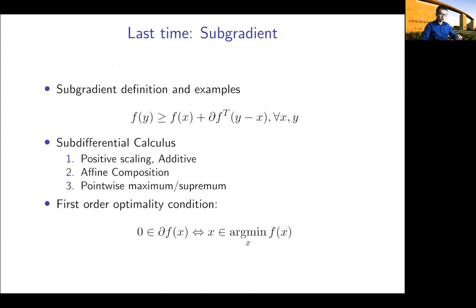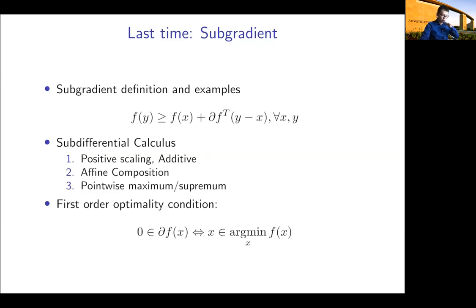We use this partial f notation to denote the set of all subgradients at a location, say x. Any individual element of this set of subgradients, any individual element of the subdifferential, satisfies this condition, which resembles the first order definition of convexity.